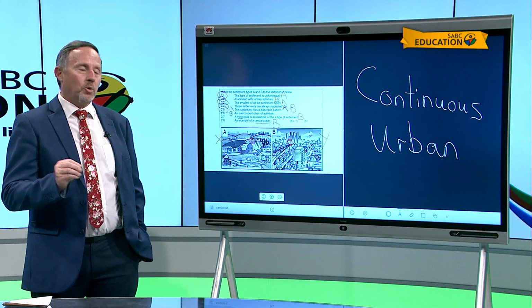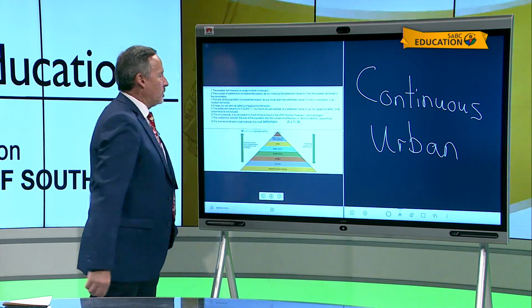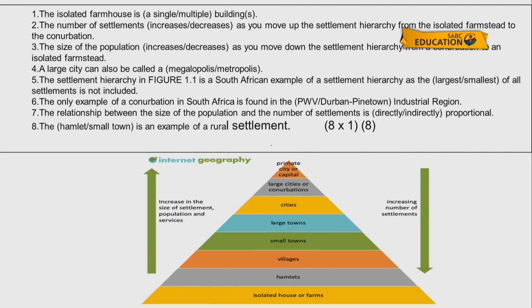Right, one more. Let's see how we've done in terms of looking at the sizes of settlements. Picture at the bottom, if we can refer to this one here, it looks like a pyramid. And on that pyramid, let's do our exercise again. What do we know? The word pyramid looks like a triangle, and it has names. Can you see the names?